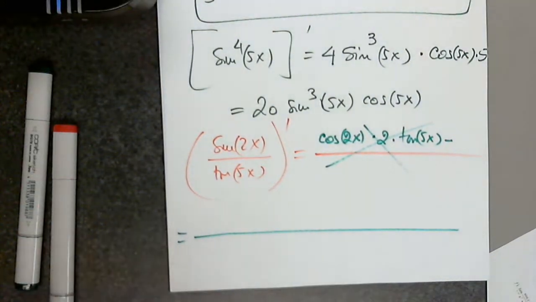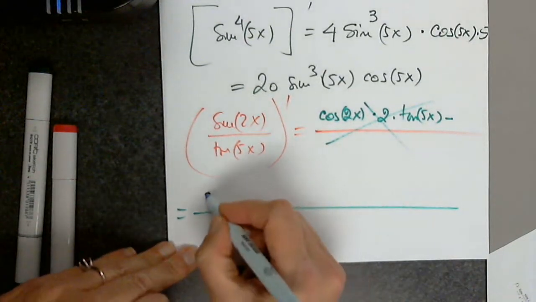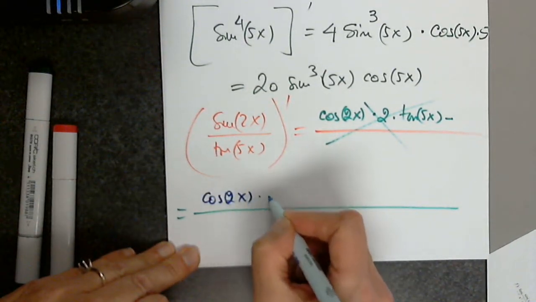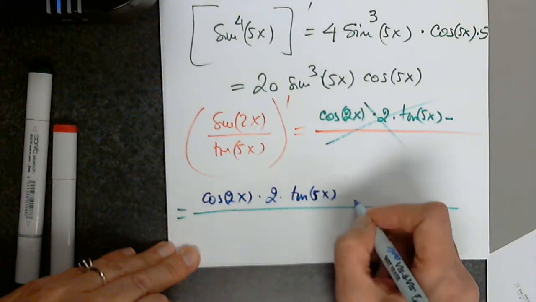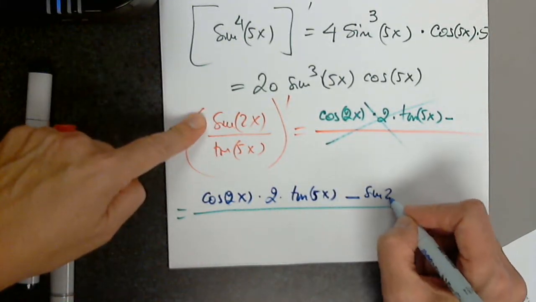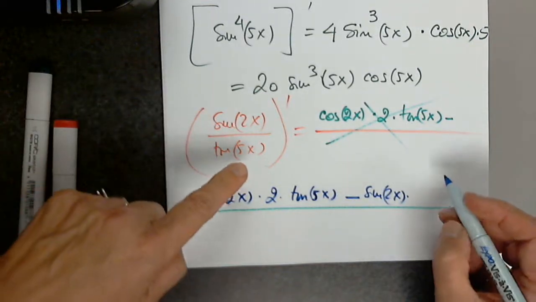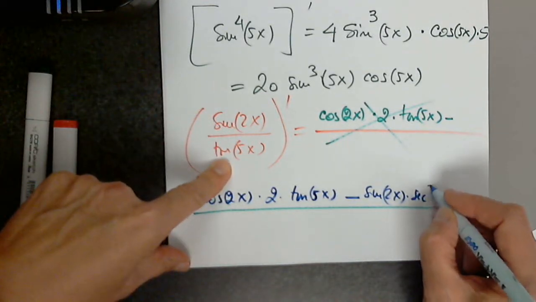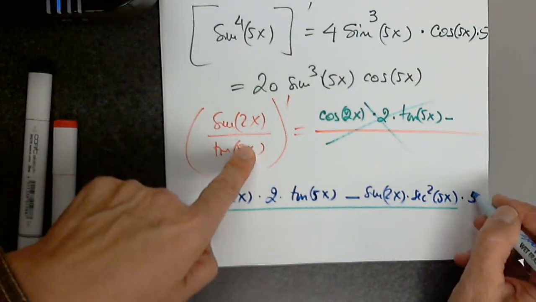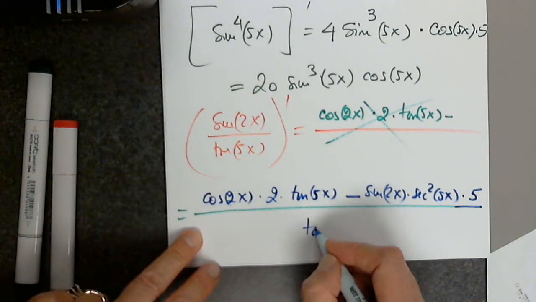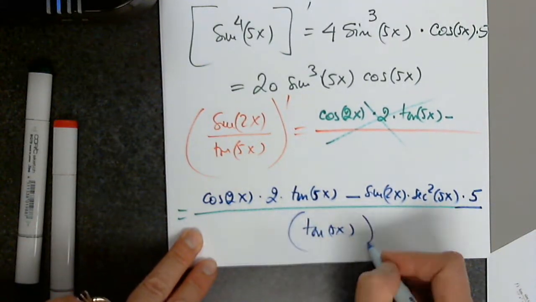Sorry about that. I have to copy it. So I have cosine twice x multiplied by 2 multiplied by 5 tangent 5x minus, I copy the top, multiplied by tangent prime, which is secant squared 5x, times the inner function prime, which is 5, over tangent 5x, everything squared.